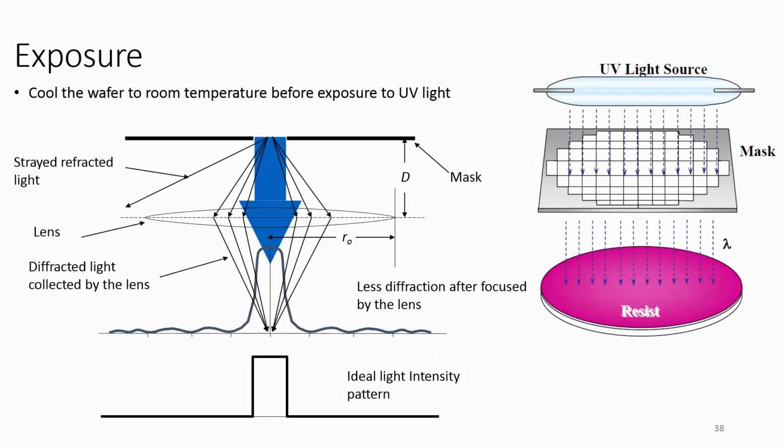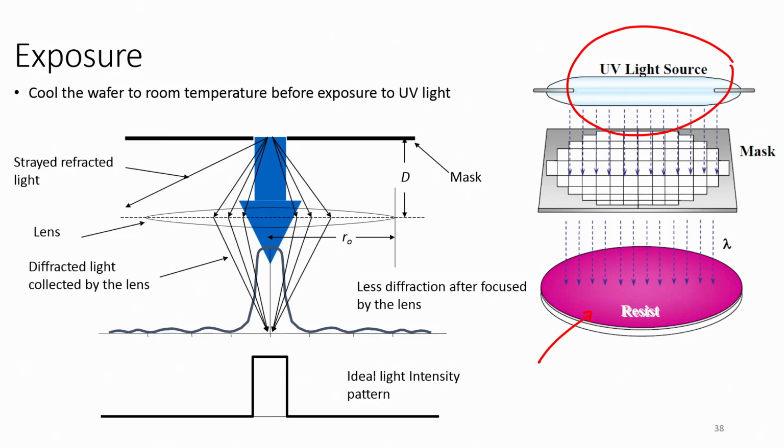After soft baking, we have to align the mask. First load the mask and then align it with the spin coated wafer. After you align the mask, you perform UV exposure. You should have a UV light source.